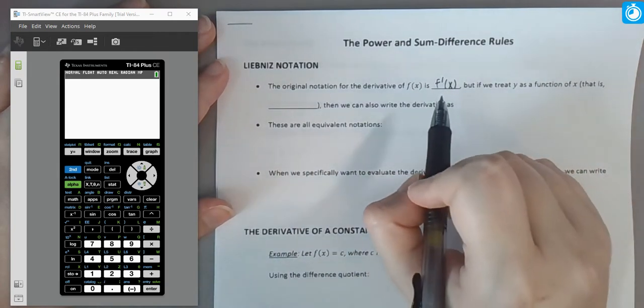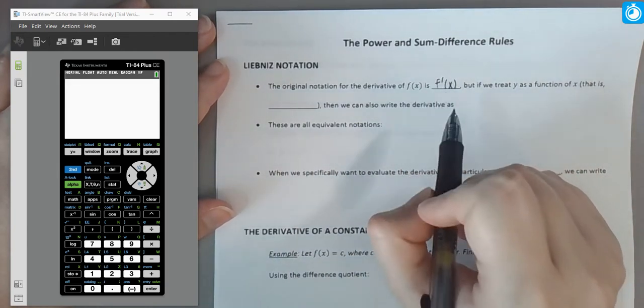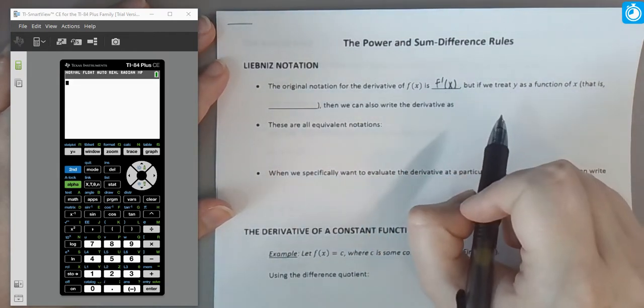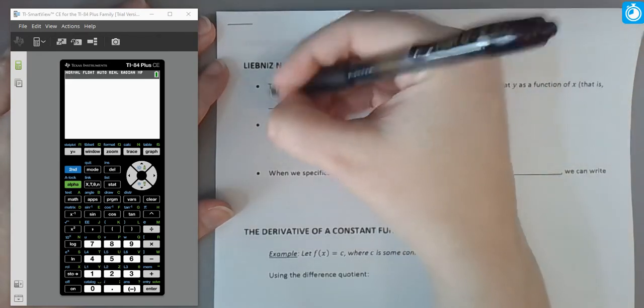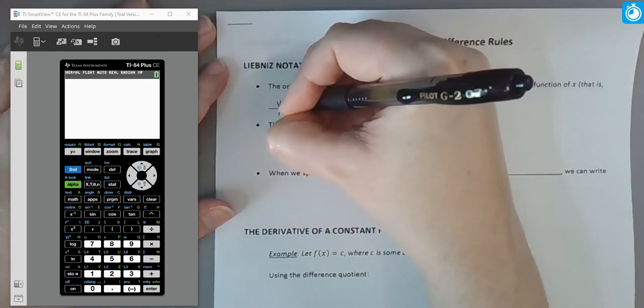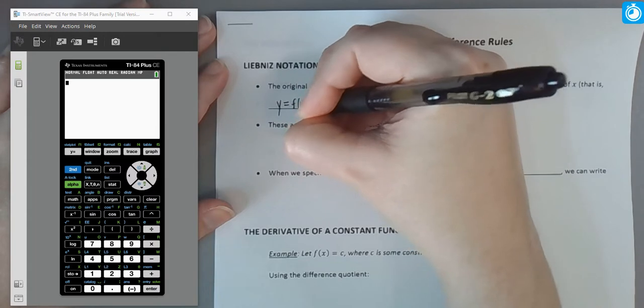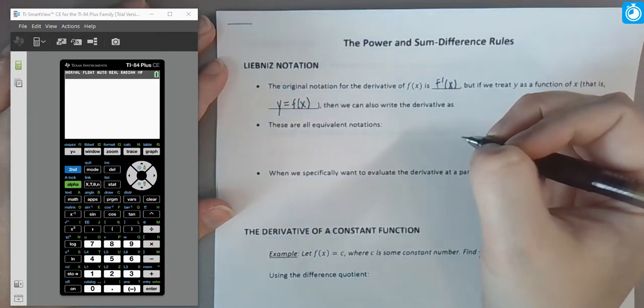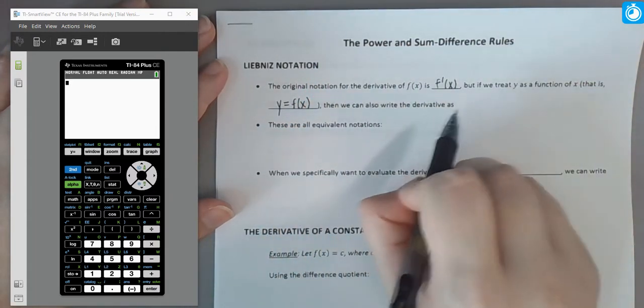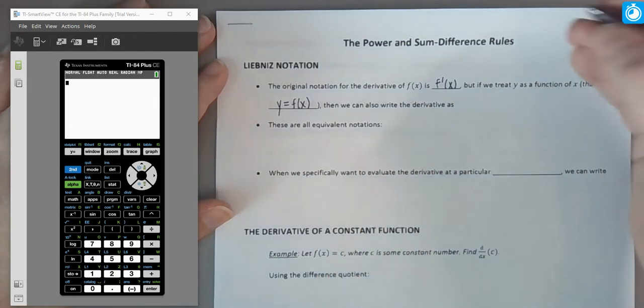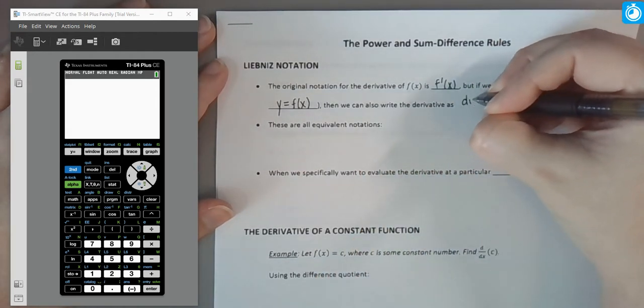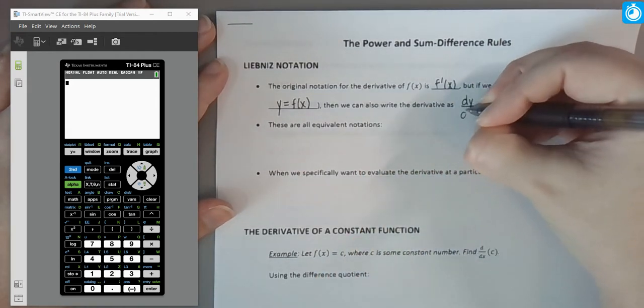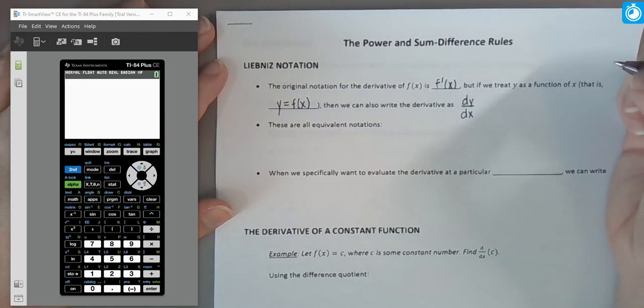So rather than writing f prime of x, if we treat y as a function of x, in other words, if we think of y as being equal to f of x, then another notation representing the derivative is this notation. We can also write dy over dx.